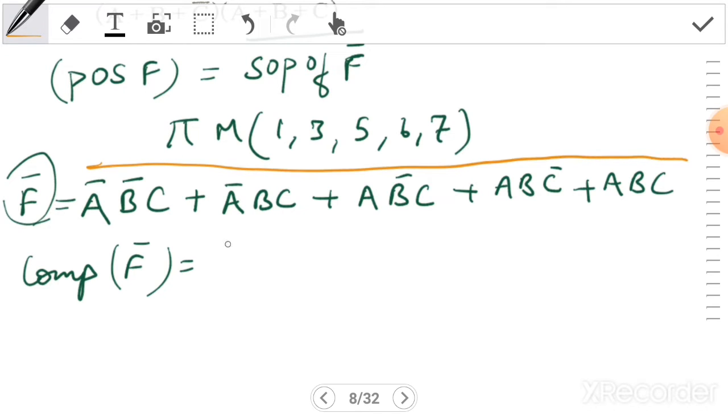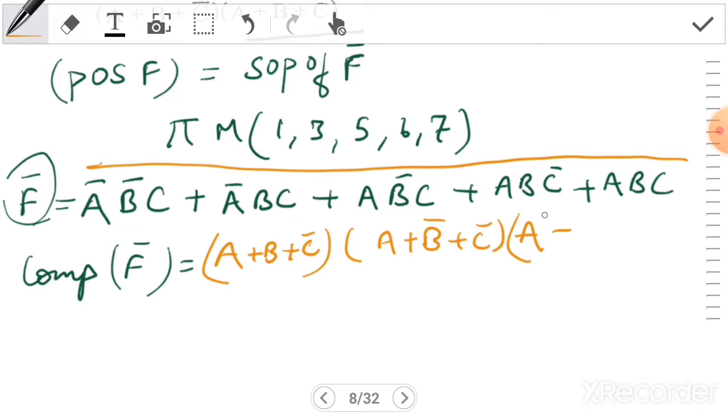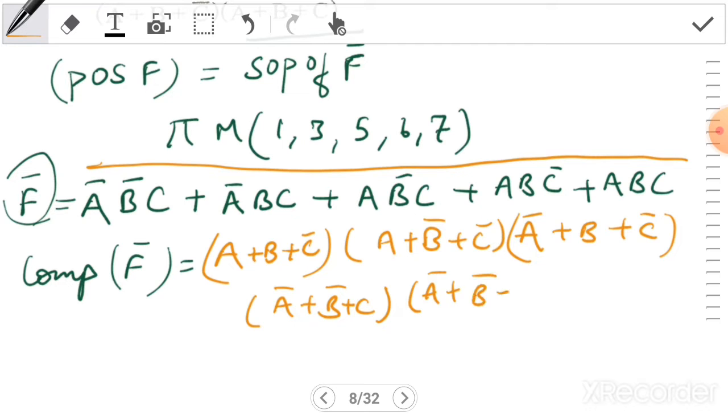Then you will get A plus B plus C complement, A plus B complement plus C complement, A complement plus B plus C complement, A complement plus B complement plus C, A complement plus B complement plus C complement.